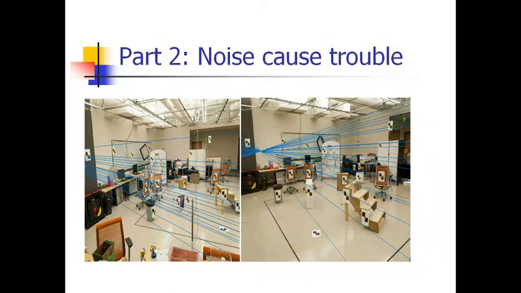That is not the result we want, and also those lines do not pass through the points shown as red dots on the sample image. So noise can cause a lot of trouble when you want to calculate the fundamental matrix. It distorts the points that correspond to each other in the left and the right frame.